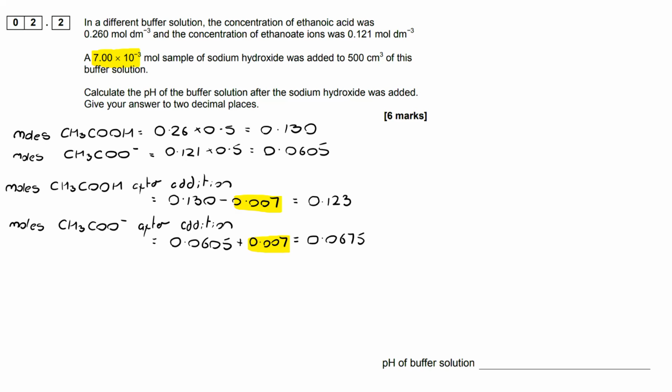Similarly, I can look at what happens to the CH3COO minus. That will go up by the 0.007, and that's because you are breaking apart the ethanoic acid when you neutralise it. So I've now got my 2 new molar quantities.